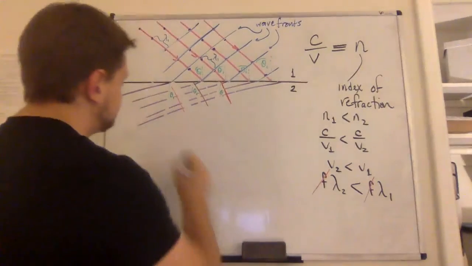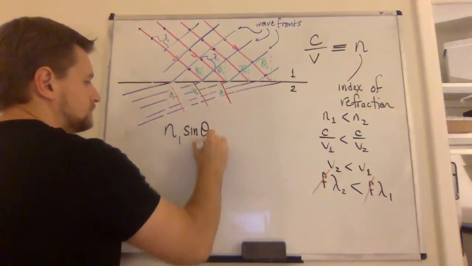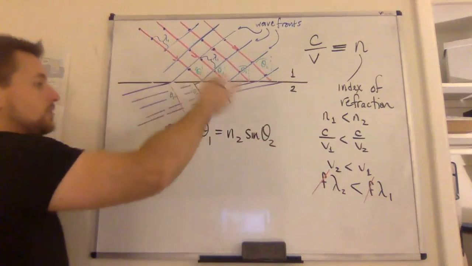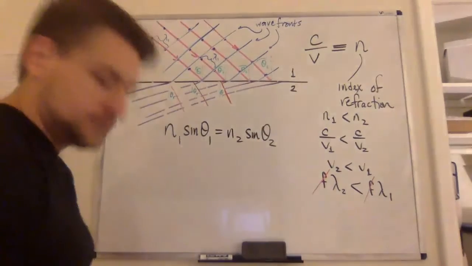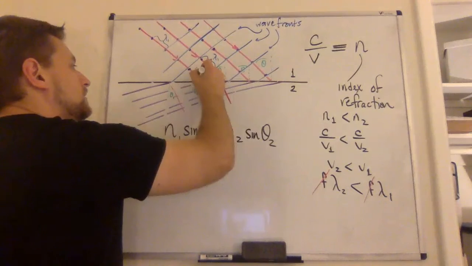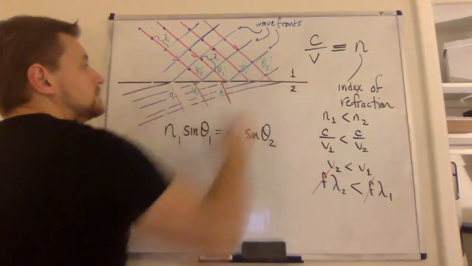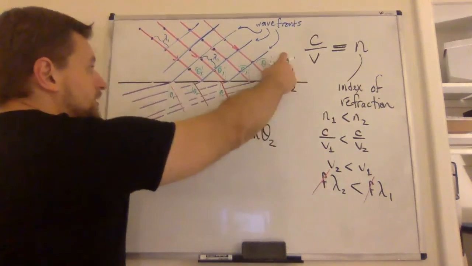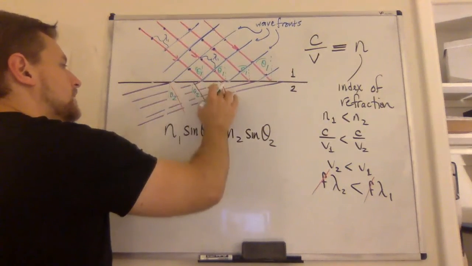But we can show, if we remove the i's and r's and just call them 1 and 2, theta 1, the angle of incidence, the angle with respect to the normal of the incoming direction of propagation in medium 1, and the angles in medium 2 measured with respect to the normal.